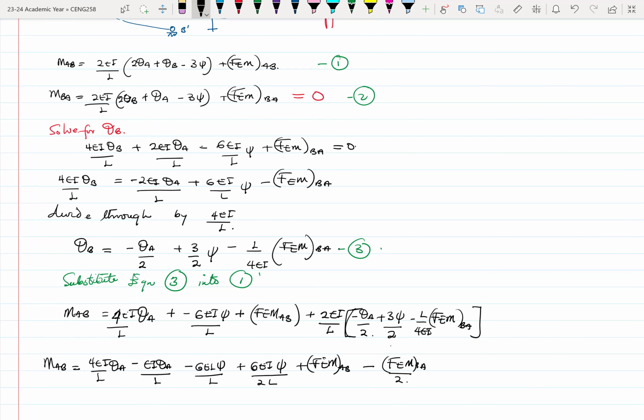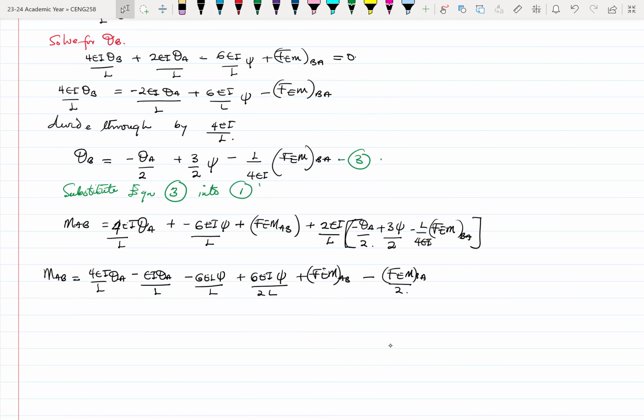Hopefully what I'm doing makes sense. Okay, so our MAB will be equal to 3EI over L theta A minus, 6 minus 3, so I get negative 3EI over L psi.